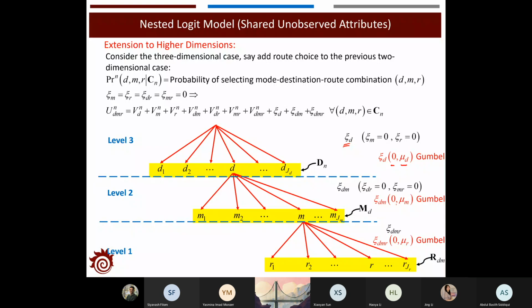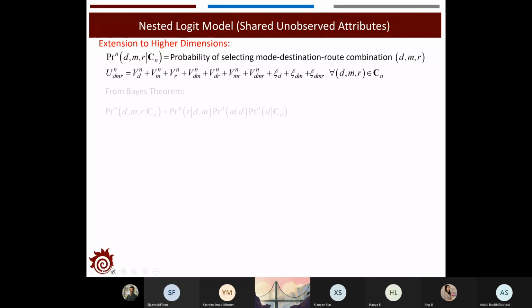And with these assumptions about the gamma distribution, we can then go to the estimation of the joint probability of the combinations for the 3 aspects: mode, destination, and routes. For the estimation of the joint probability, again we have to recall the conditional probability and the marginal probability to get the results.